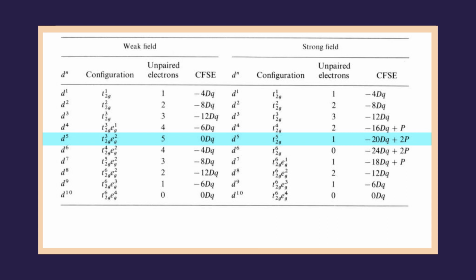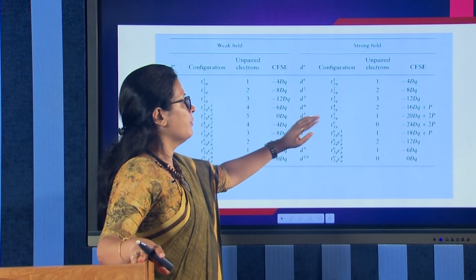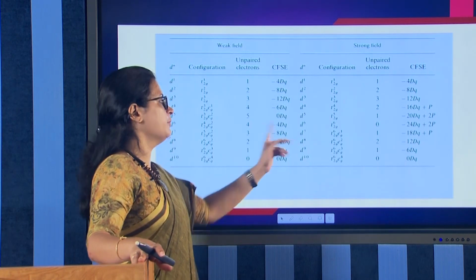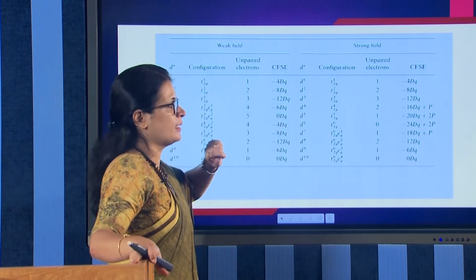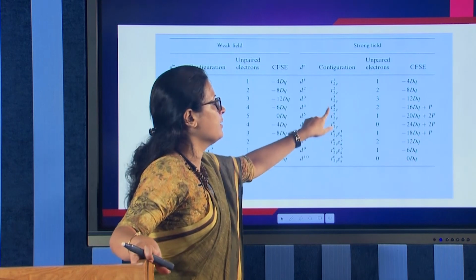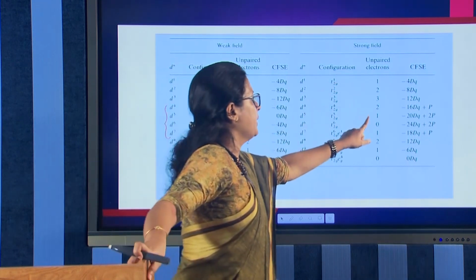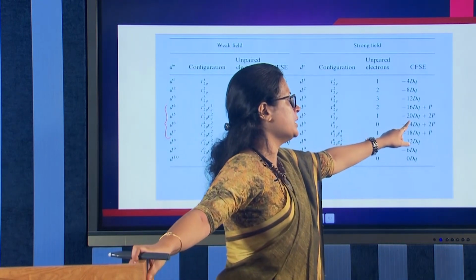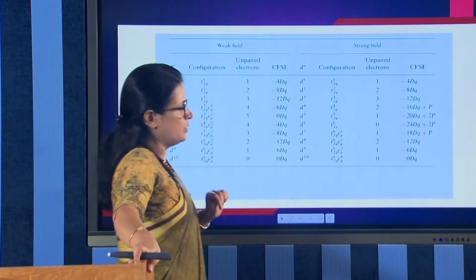But in the case of a strong field ligand, the case will be different, because we are pairing the electrons. After the third electron, the fourth and fifth will be paired in the T2G set itself. That is why T2G has 5 electrons, the number of unpaired electrons here is 1, and the CFSE calculated is minus 20 dQ plus 2 pairing energy.